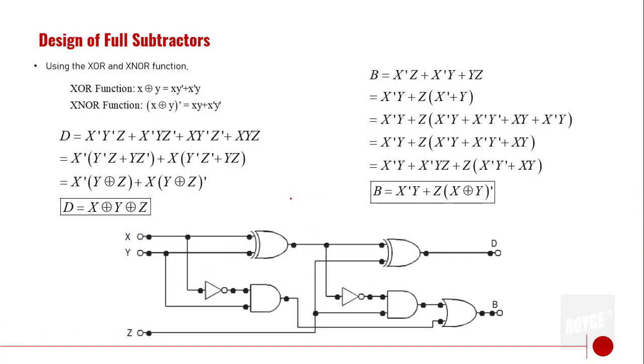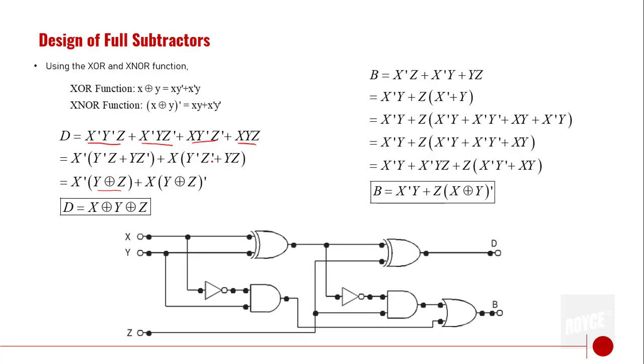So, ayan na siya. So, mayroon pa tayo dito masisimplify? Yes. So, sa D, sa difference, if we're going to take the first term and the second term, we can factor out yung x prime. That will leave us with y prime z or y z prime. So, automatically, alam natin ito ay XOR. And then from here naman, sa third and fourth term, we can factor x naman.